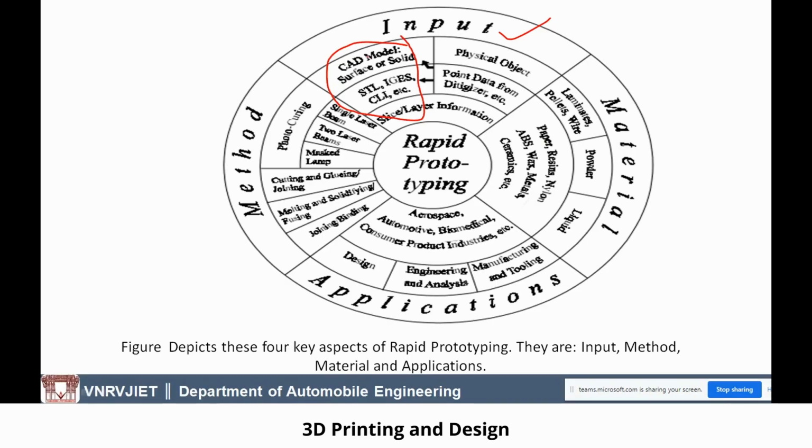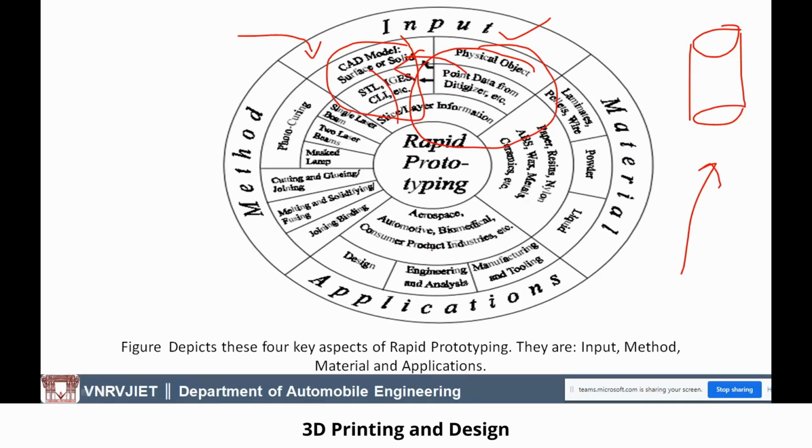Sometimes, as I told, the component profile and dimensions cannot be built using CAD software. In that case we use scanners, and from the scanners we convert into CAD models, and then we go for printing.